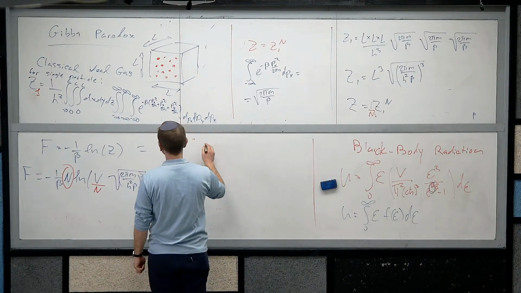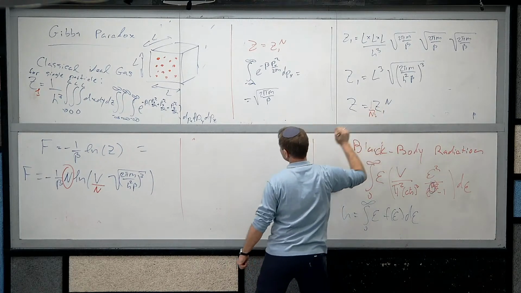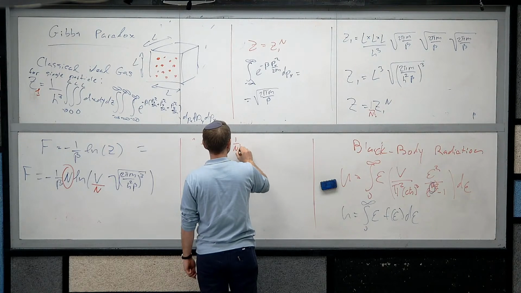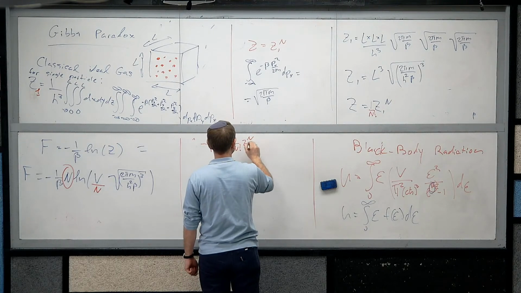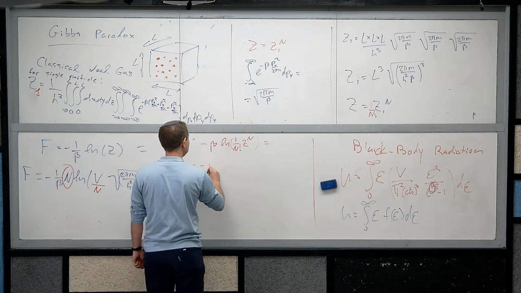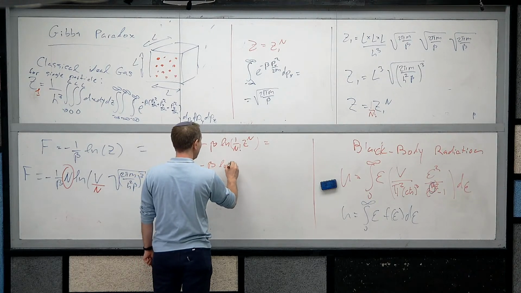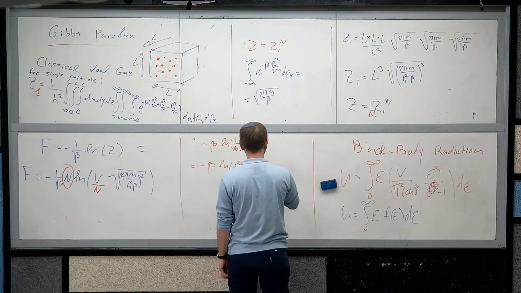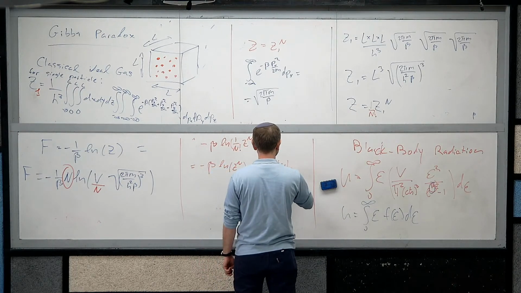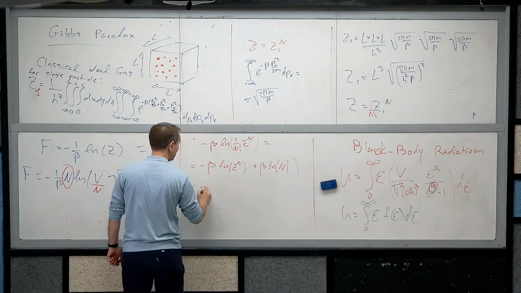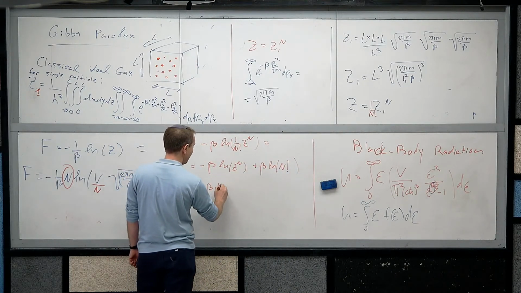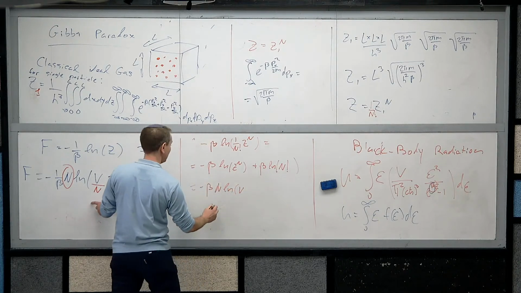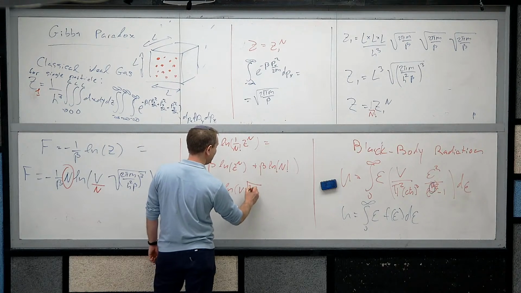So if we have this guy, so minus 1 over beta log of 1 over n factorial z to the n, which is minus 1 over beta log of z to the n plus 1 over beta log of n factorial, which is minus 1 over beta. Here we have n log of v square root of 2 pi.